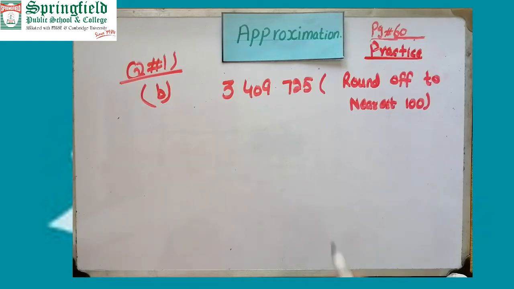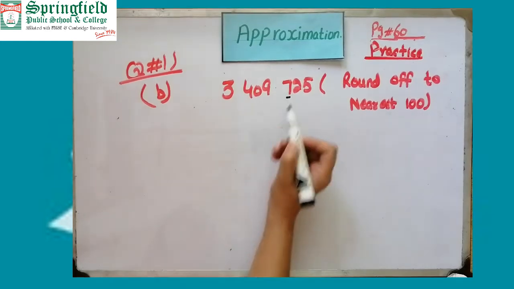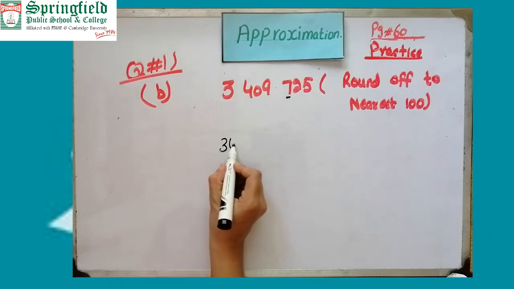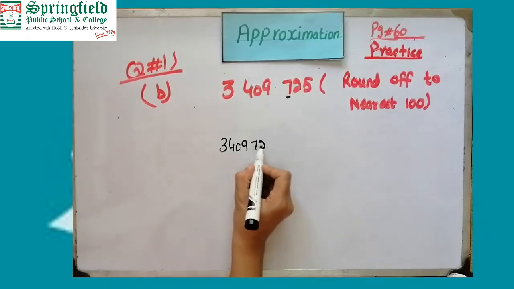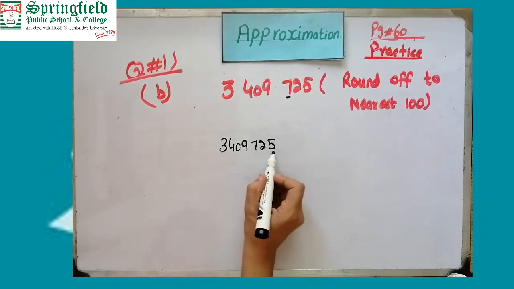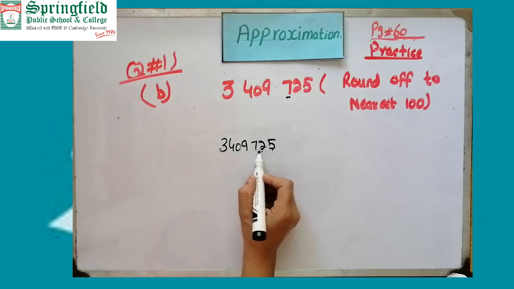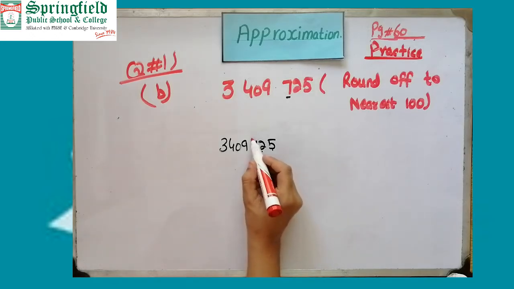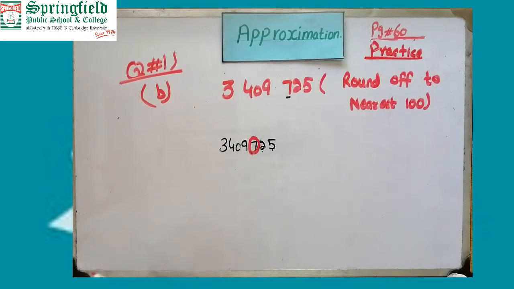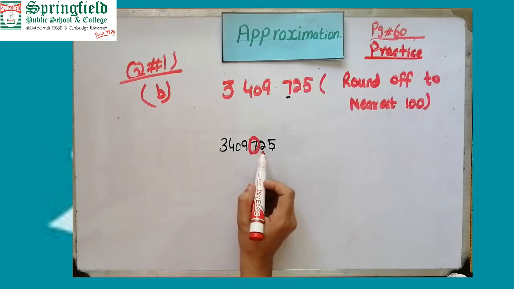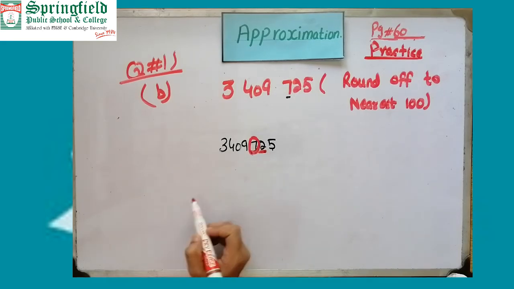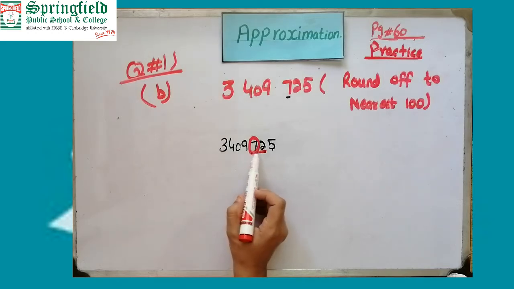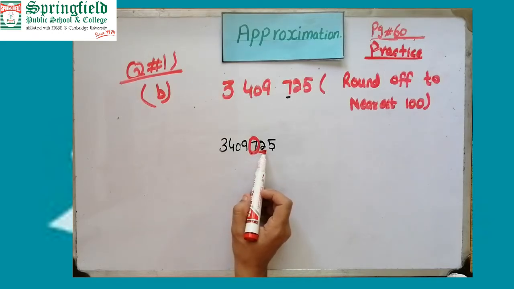First we will see the digit at the place of 100. We will start from the right side: ones, tens and hundreds. It means 7 is at the place of 100. So circle this digit, and then highlight the next digit. The digit after the circle is 2, and 2 is less than 5.